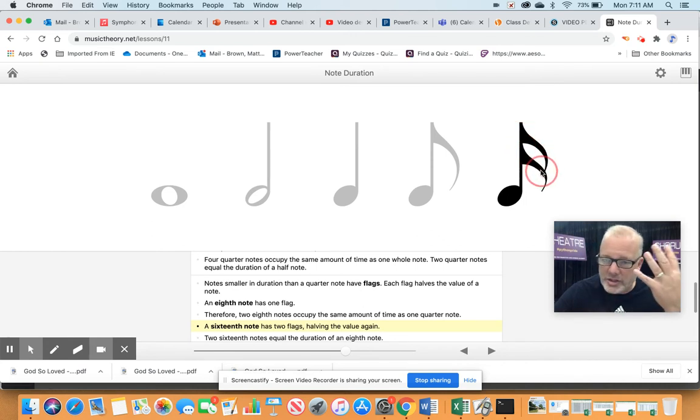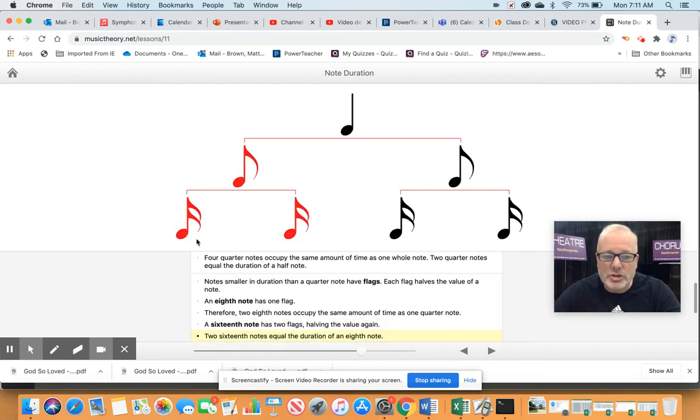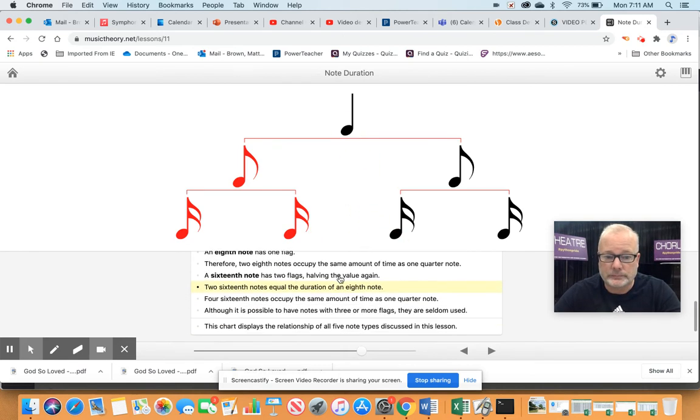You can imagine as you're processing this that the 16th note is half as short in duration as the 8th note. Okay, so it takes 2 16th notes to equal 1 8th note, which means it takes 4 16th notes to equal 1 quarter note. Okay, so there you see that visual right there.